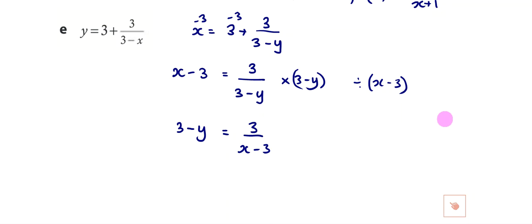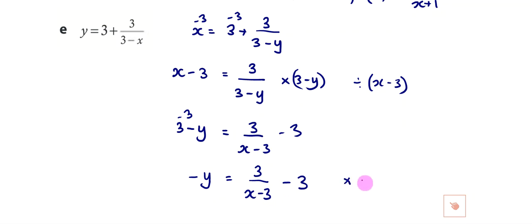And then, okay, subtract 3, okay, so if we subtract 3, we get negative y equals 3 over x minus 3 minus 3. Pardon?